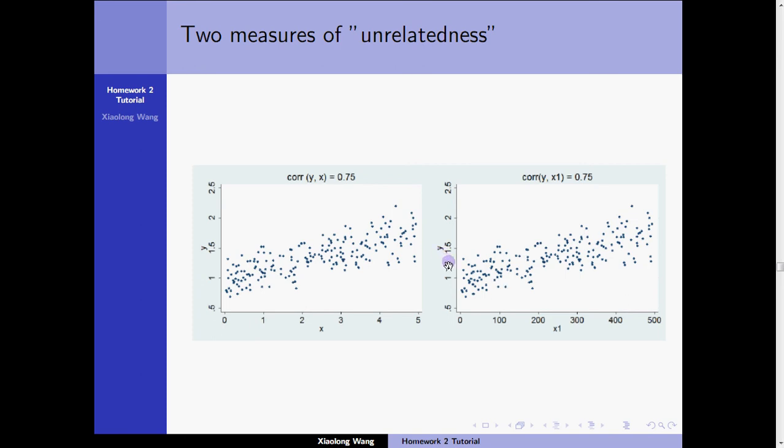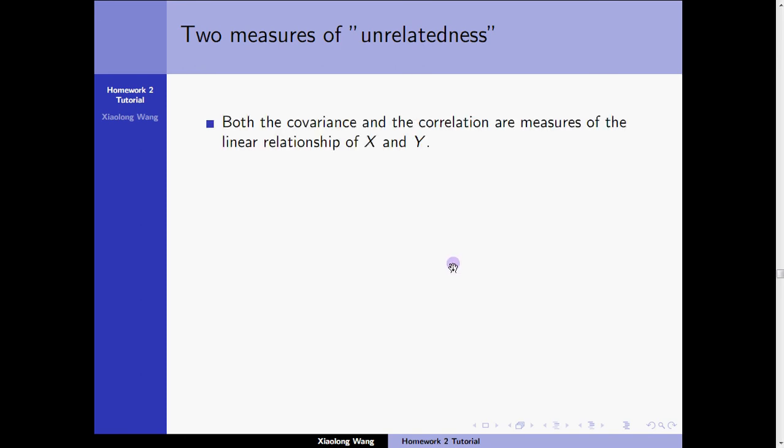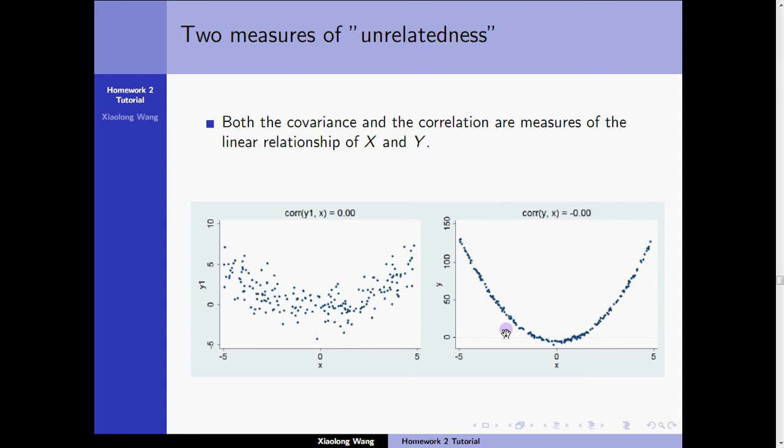The other thing we need to be cautious about is that both covariance and the coefficient of correlation are measures of linear relationship between x and y. Suppose we have a nonlinear relationship between x and y, and they clearly do have a relationship, and we can see that this is a parabola here, y equals x squared.